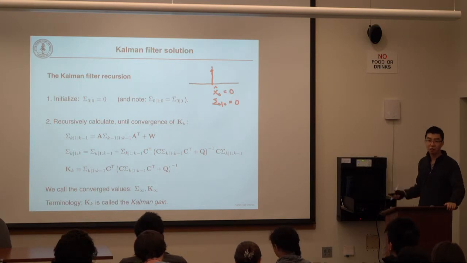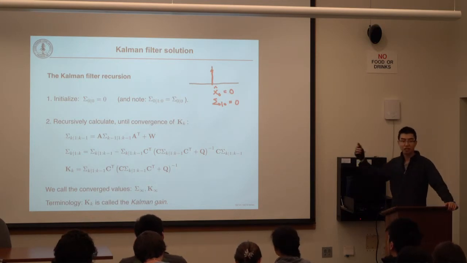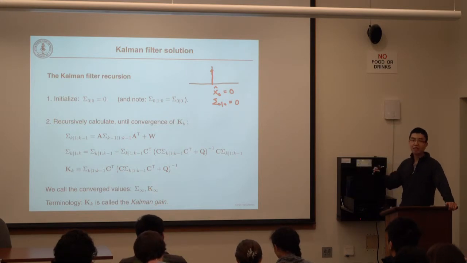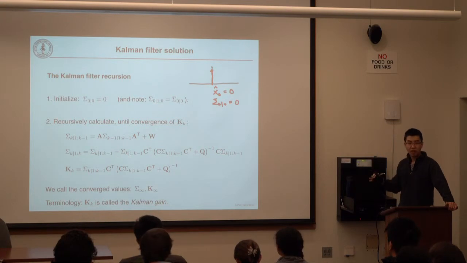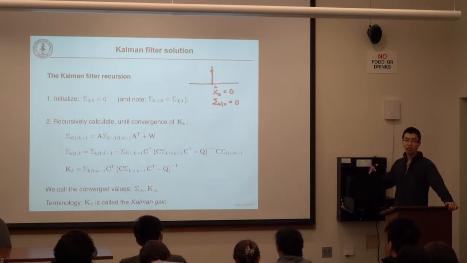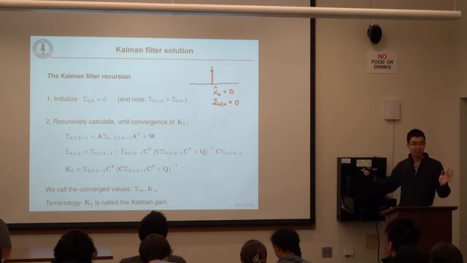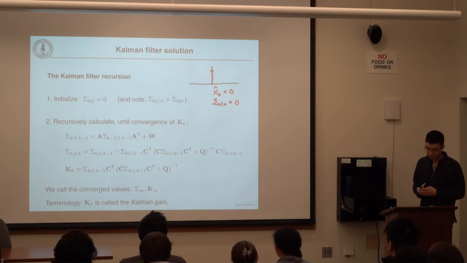It turns out that if you pick an initial state closer to the steady state value that we eventually converge to, then you can make this convergence occur quicker. But as we mentioned before, for neural prostheses, these things will converge on the order of seconds, and so we don't really care too much about the initialization. So we'll just make it 0 to be simple.